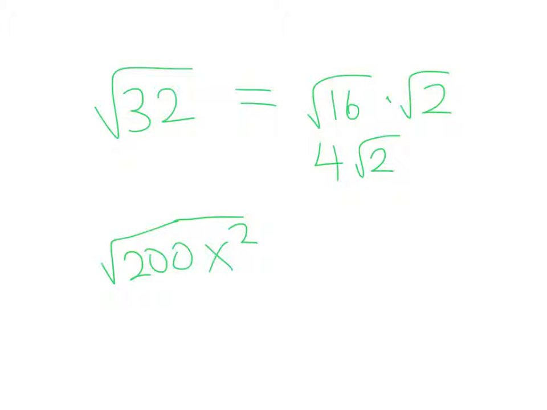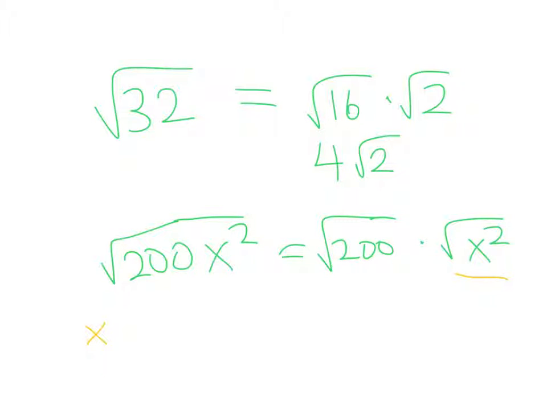Okay, so now we're going to add some variables to it. So think of this as two separate problems. This I can break apart into radical 200 times radical x squared. So think about it for a moment. What's the square root of x squared? That's just going to be plain old x.